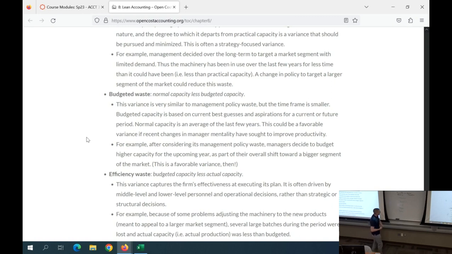So the questions are going to ask you basically to identify these 4 wastes, and it's primarily a definitional set of questions that you have to worry about. It's not really hard math.